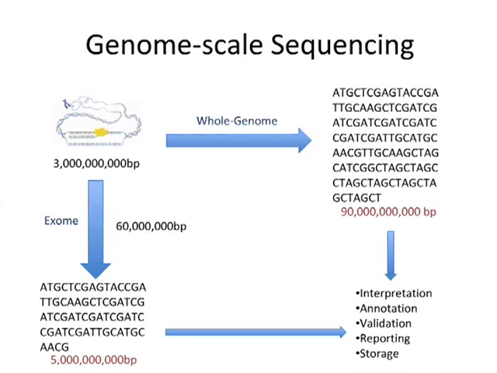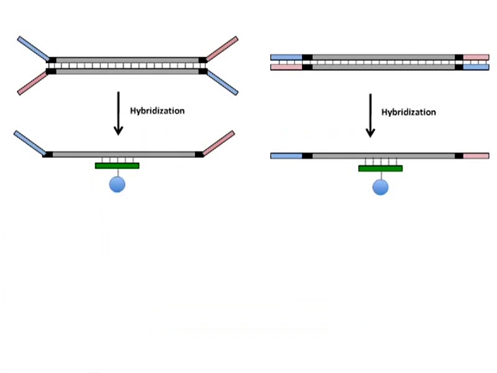You can generate a much lower amount of sequence for a higher coverage of the protein coding regions of the genome, which is simply represented in the cartoon shown currently.